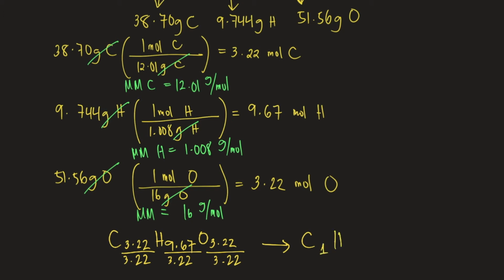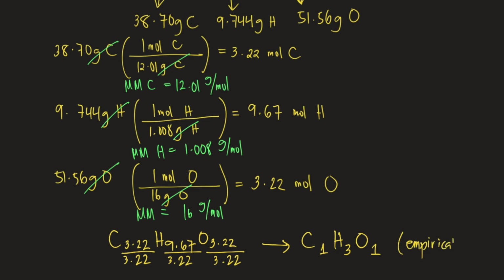For hydrogen, 9.67 divided by 3.22 is equal to 3. And for oxygen, 3.22 divided by 3.22 is also equal to 1. So C1H3O1 is what you call the empirical formula.